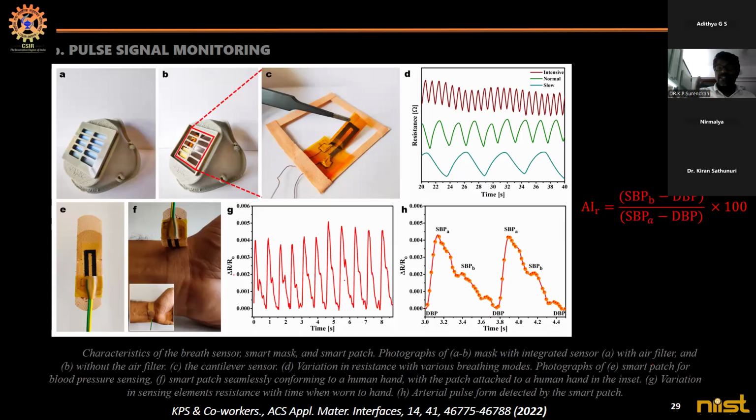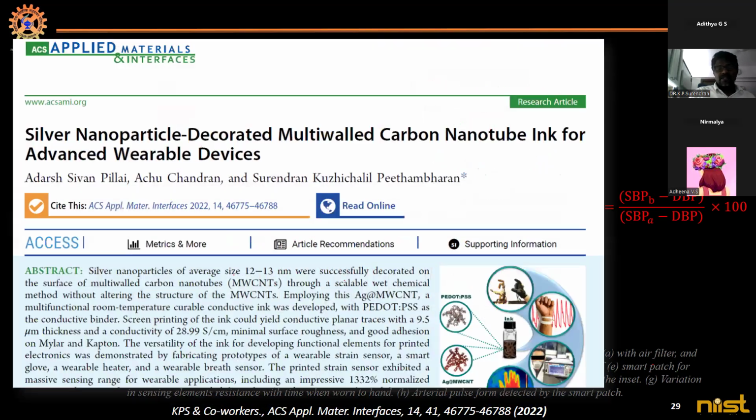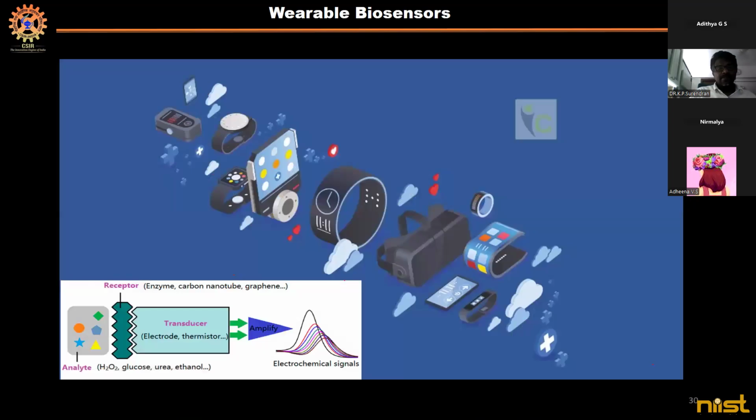We measured these parameters across a large number of volunteers and found that the values we are getting are very accurate. Some interesting results are published in this paper, and other results are waiting to get a patent.